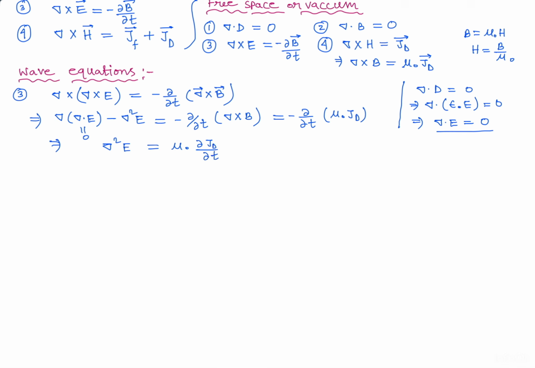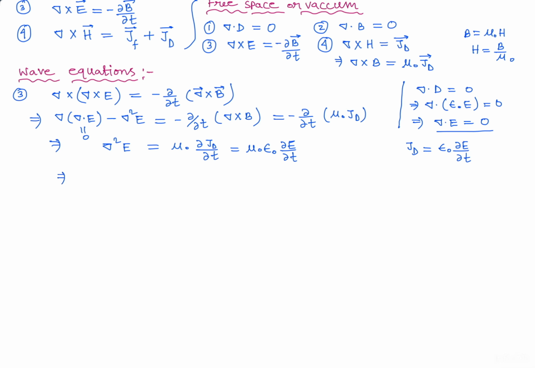And again we know J D is the displacement current density, which is equal to epsilon 0 del E by del t. So we get mu 0 epsilon 0 del E by del t.